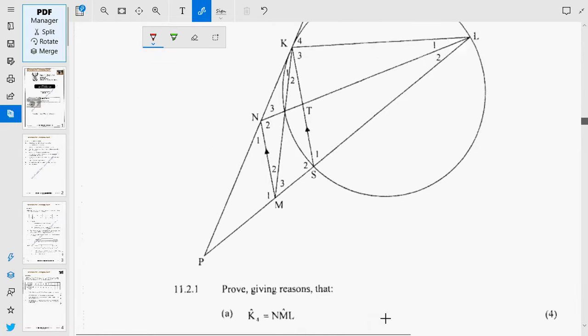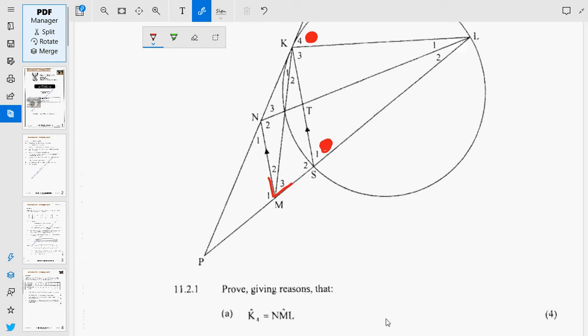So the first question asks us to prove that K4 is equal to NML. So NML is equal to this angle here. Now, if you look at K4, K4 is the angle between a tangent and the chord. So this angle will be equal to this angle. The reason: tan-chord theorem.